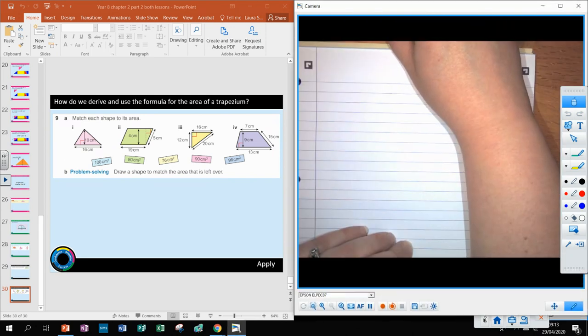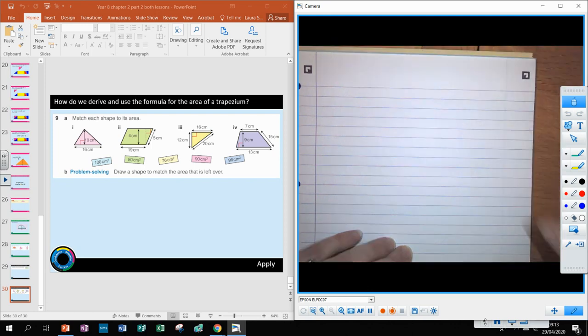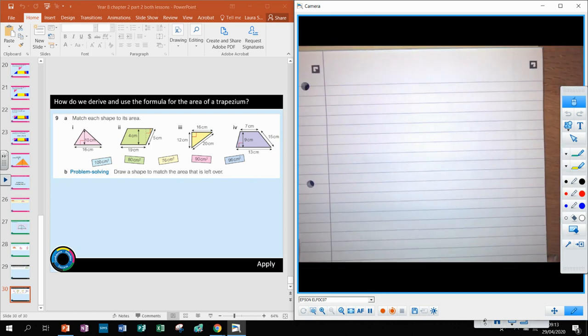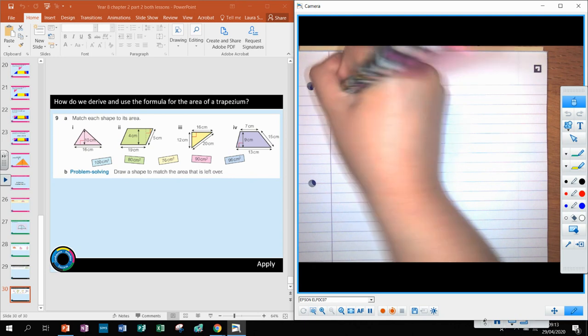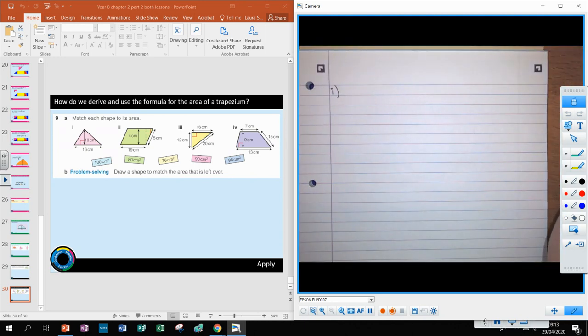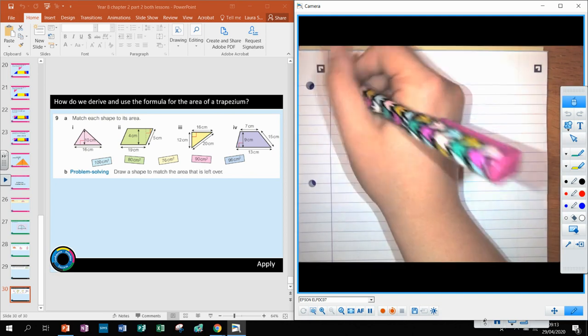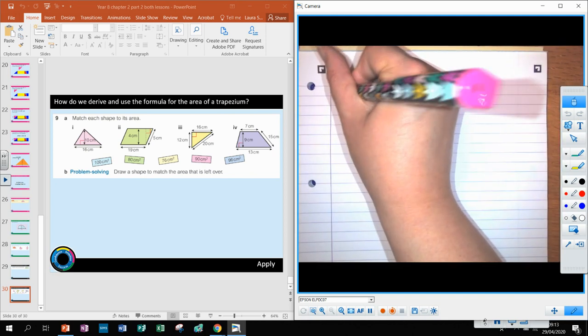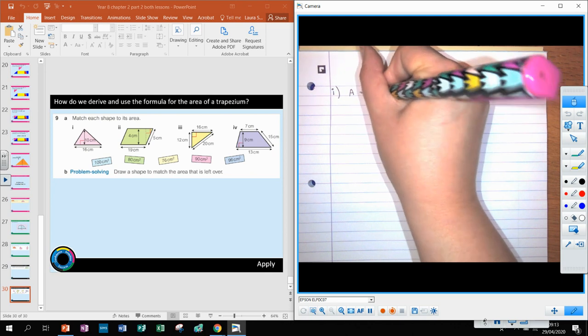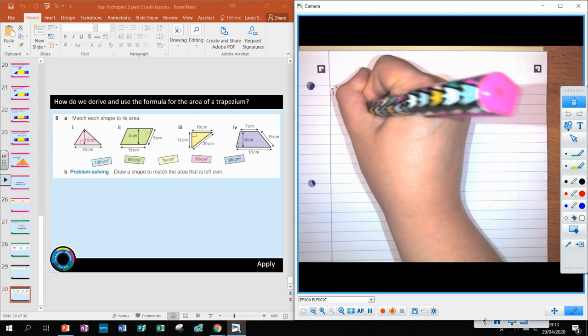Right, okay. So if we're looking at this question, we have different shapes. I'm not going to draw these ones in the interest of time. But our first shape, that pink triangle, is a triangle, so the area is equal to the base times height divided by 2.